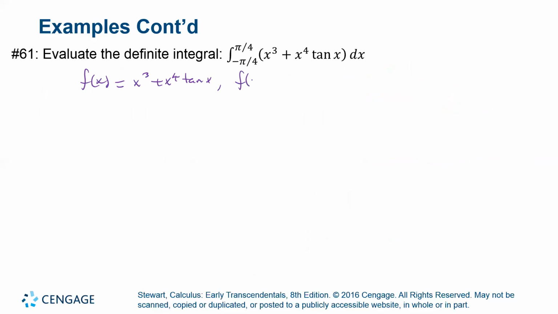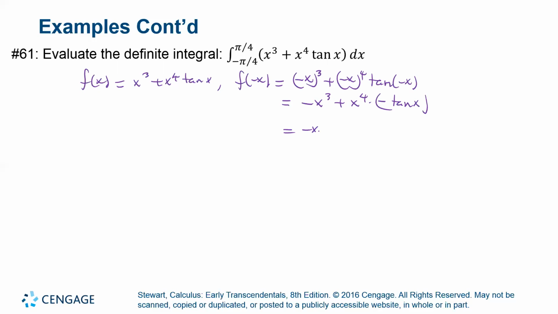Now, f of negative x is (minus x) cubed plus (minus x) to the 4 times tangent of negative x. This gives me minus x cubed plus x to the 4 times minus tangent of x.